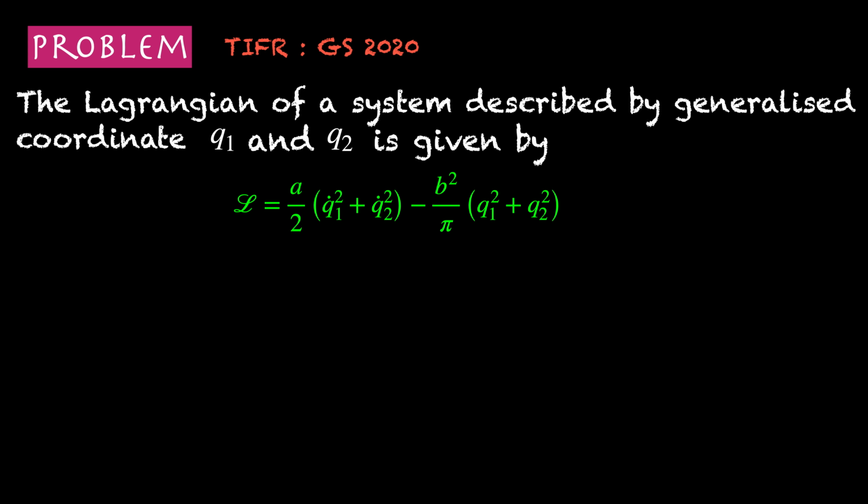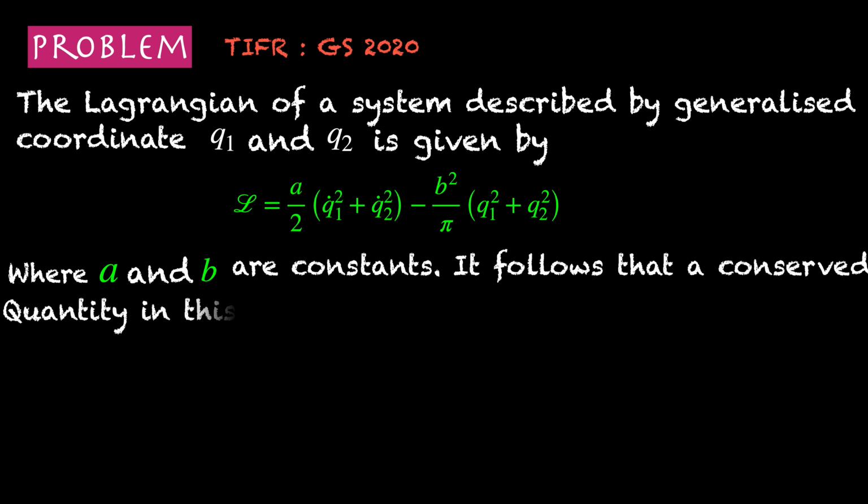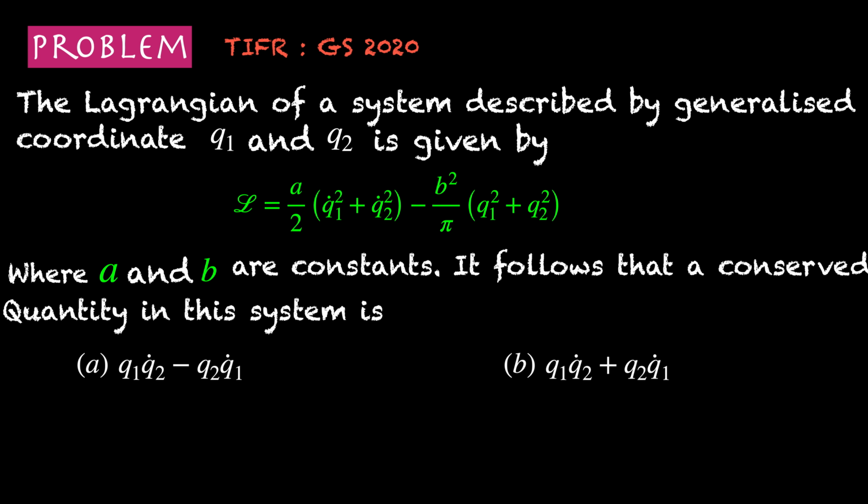It contains q1 dot square, q2 dot square, and q1 and q2, where q1 and q2 are generalized coordinates, and a and b are constants. In that scenario, you have to find the conserved quantity. Okay, so options are this.